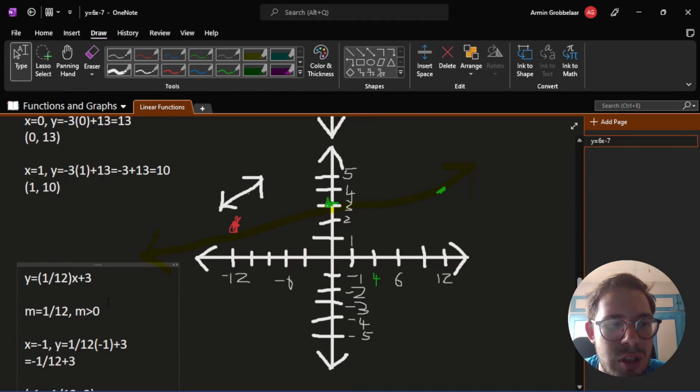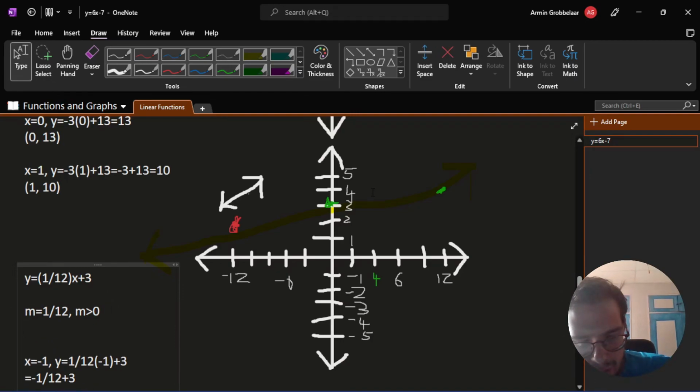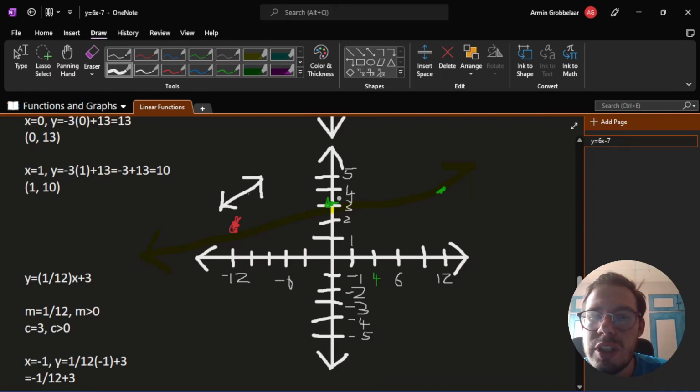And here you can also see that c is equal to 3, so c is greater than 0, and you can see it's correct because the function cuts the y-axis on the positive side where y is positive. So you know that the function that you draw, there's a good chance that it's correct.